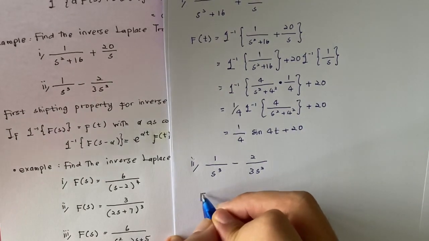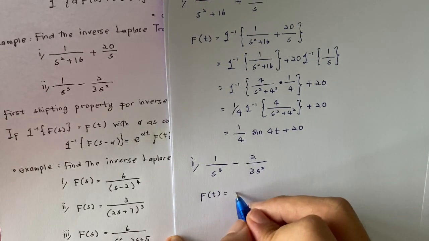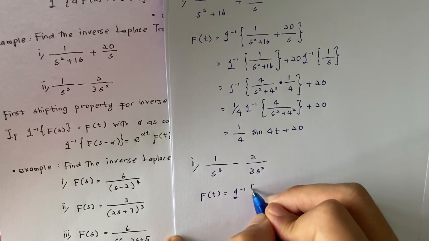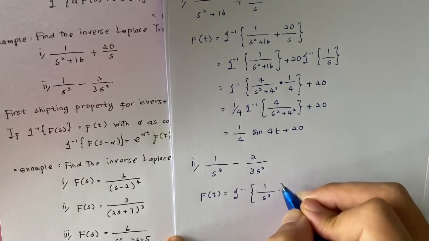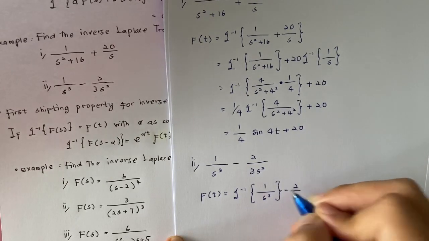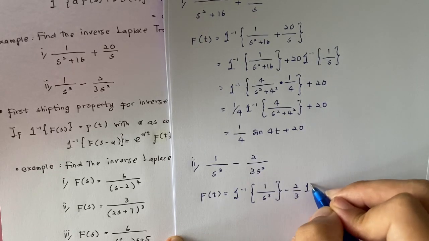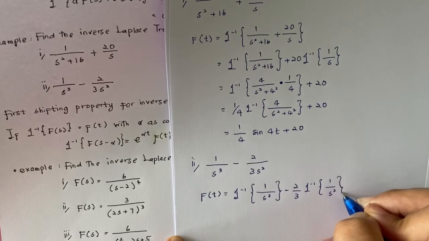Okay, so f(t) is equal to the inverse Laplace of 1 over s cubed minus 2 over 3, again using the linearity property, inverse Laplace of 1 over s squared.